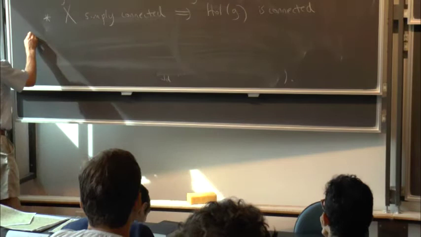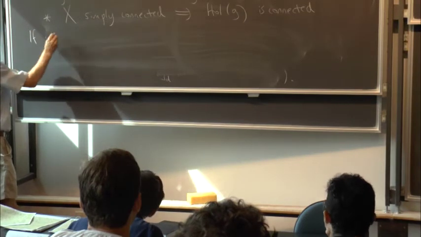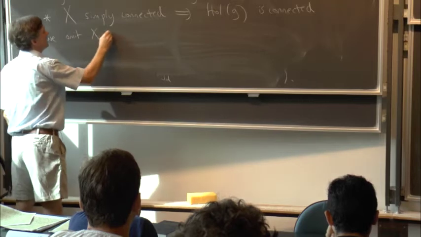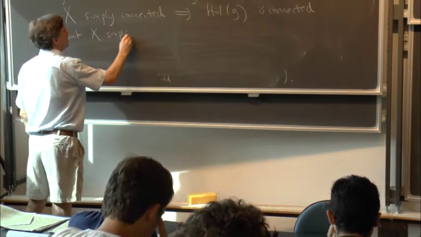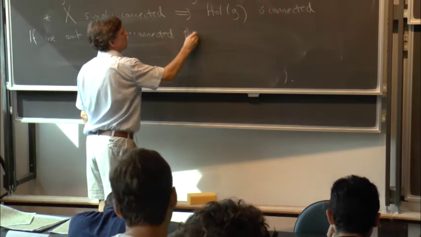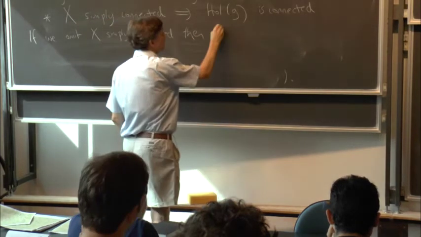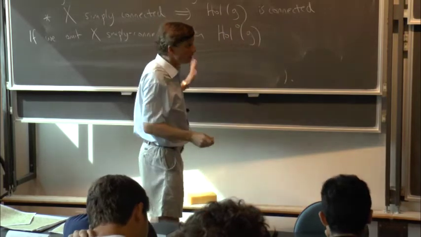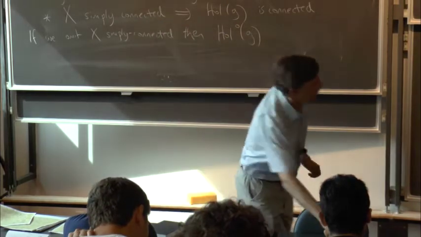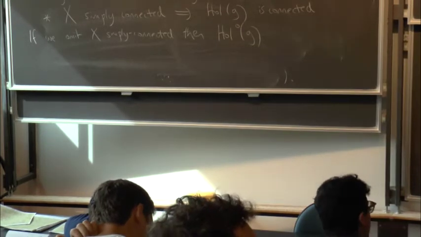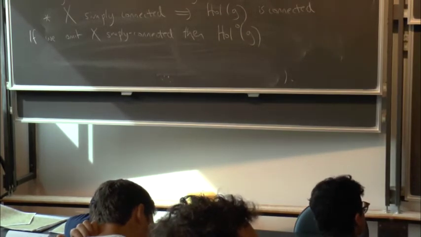And well, so if we omit X simply connected, then the reduced holonomy group, Hol_0(g), still lies on Berger's list. So this lot is going to be called Berger's list.